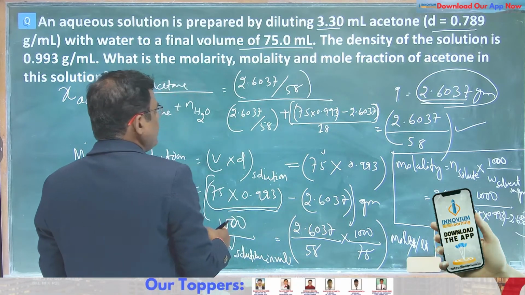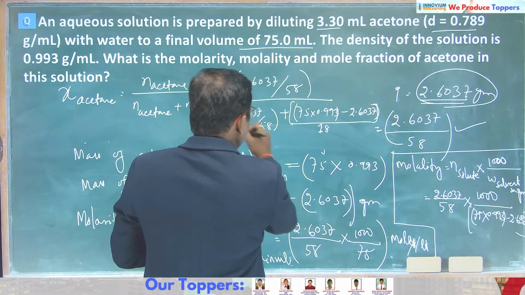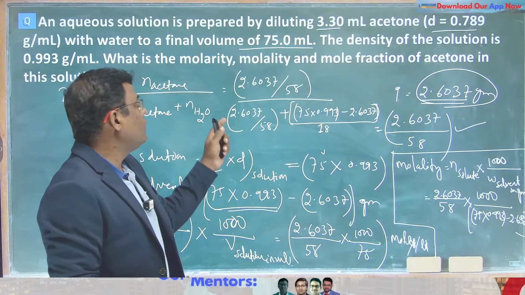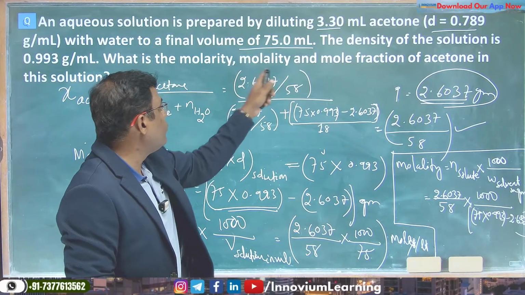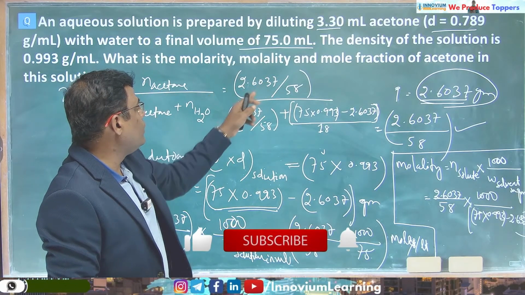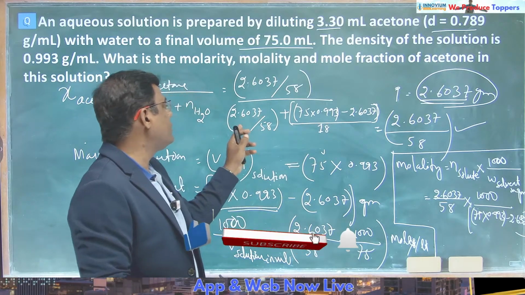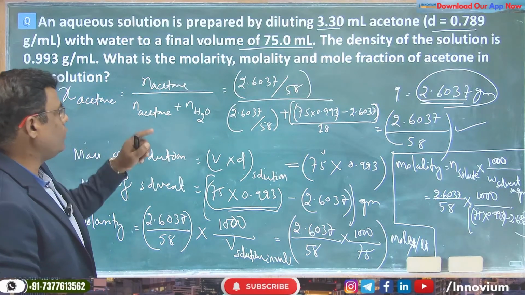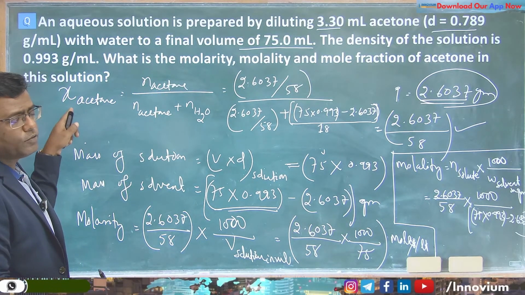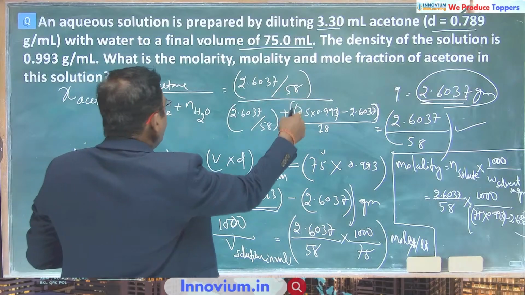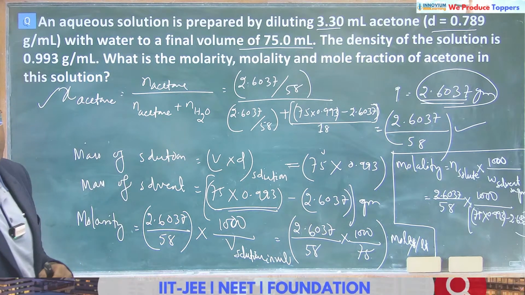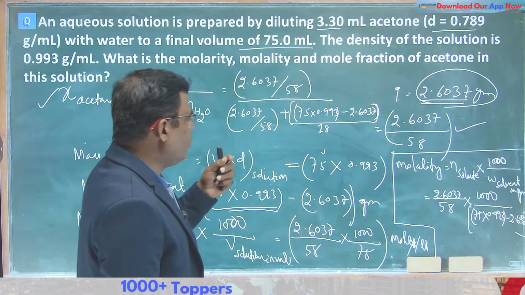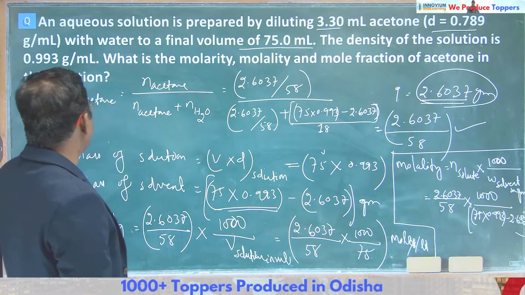This is the number of moles of acetone. Correct? So this represents the total moles of the solution, and this is the number of moles of solute. The number of moles of solute by the total moles in the solution gives the mole fraction of solute. Here the solute is acetone. So on simplifying, you will get the mole fraction of acetone. This is how we got the results for molarity, molality, as well as the mole fraction of acetone.